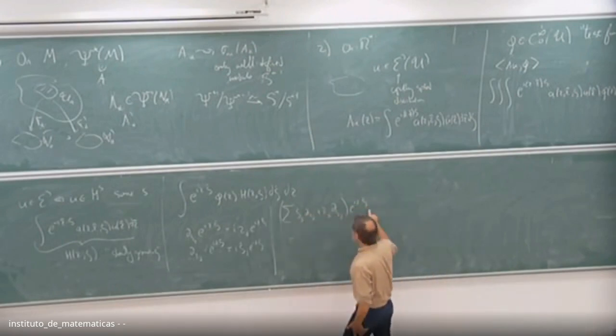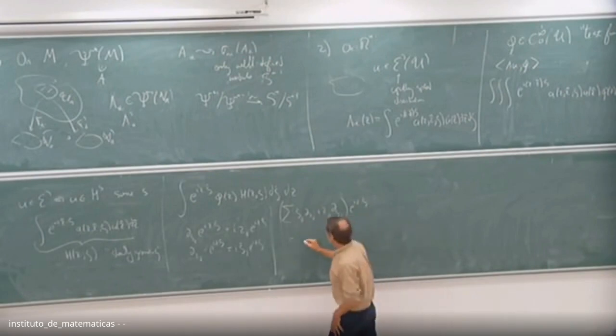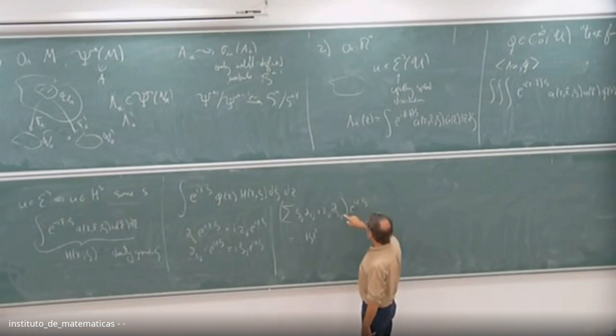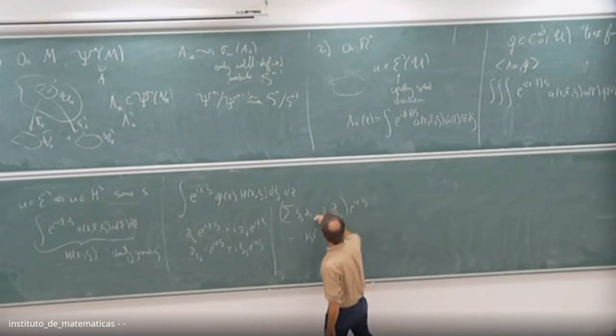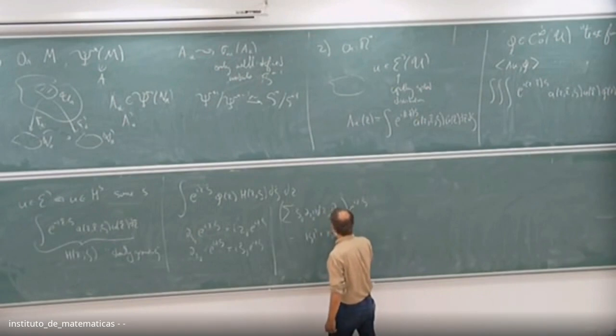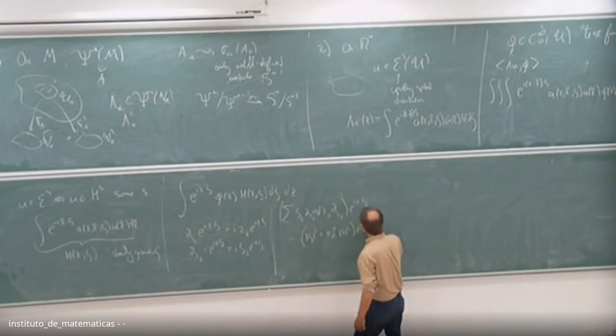What does this do? The d z j brings down a zeta j, so this is going to give me a mod zeta squared. The z j times d zeta j gives me a z j squared. So in fact, what I want to do is take a mod zeta squared times this, so this is going to give me plus mod zeta squared times mod z squared times e to the i z dot zeta.